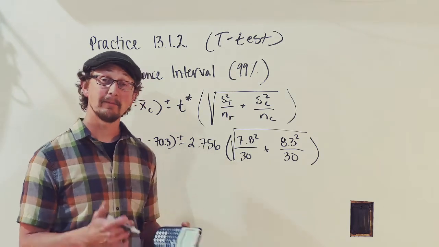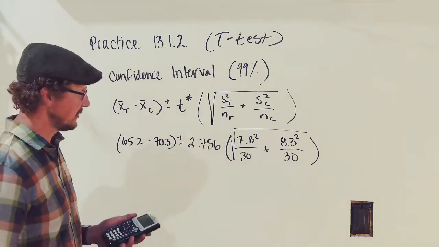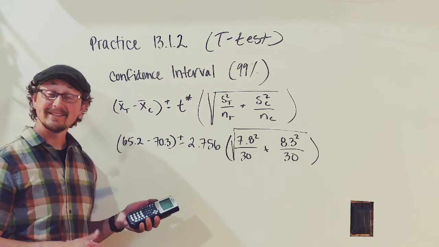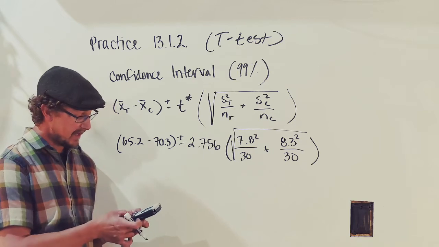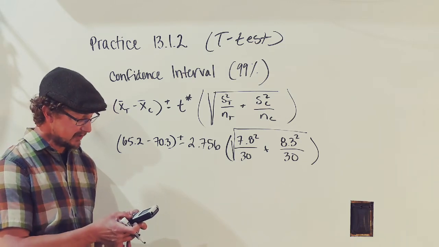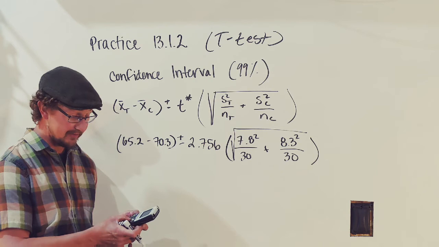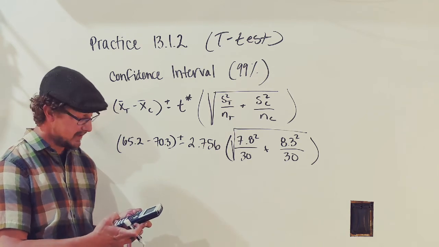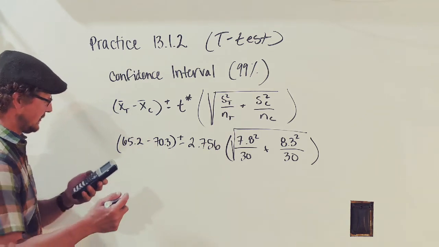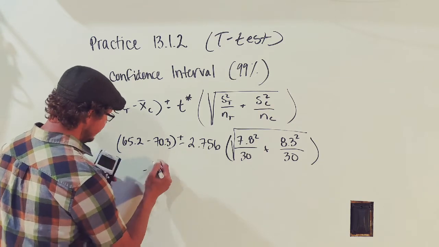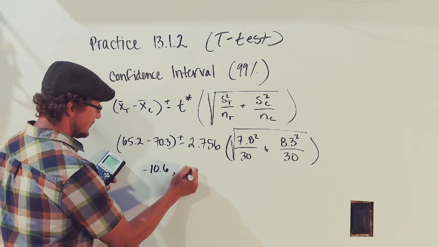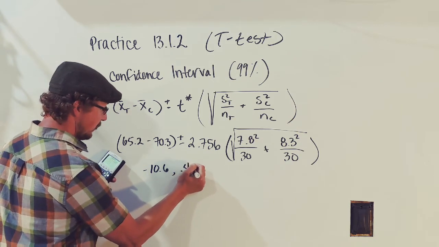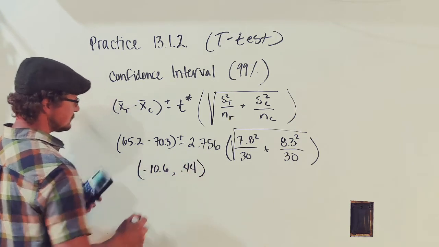Instead, I'm going to that menu like I mentioned earlier. So that is stats over to tests down to a 2-sample T interval. If I go on down there and select a 99% confidence interval and calculate that, I get a confidence interval between negative 10.6 and 0.44.